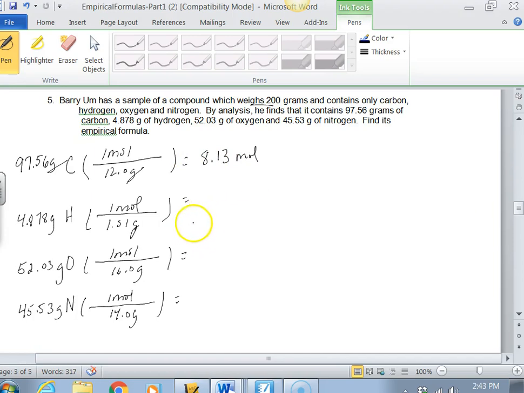For the hydrogen, that gives 4.83 moles. For the oxygen, we have 3.25 moles, and for the nitrogen we have 3.25. Okay, we can see that 3.25 is the lowest value, so divide each by 3.25.